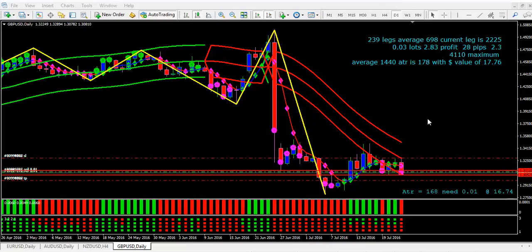I mentioned the other day in one of those other videos about switching between accounts on the same computer. This laptop here has probably four or five Oanda accounts and two or three FXCM accounts on it. When you switch between FXCM and Oanda, there's no issues.